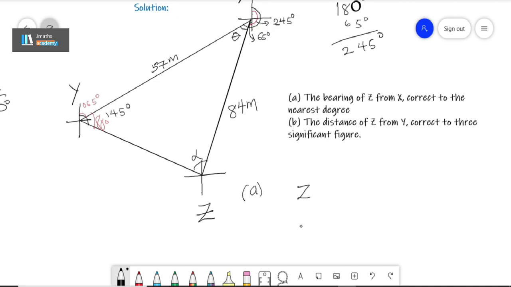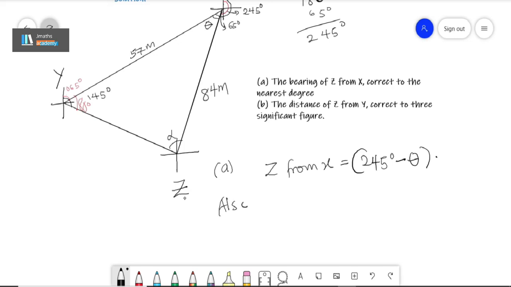So to find the bearing of Z from X, from our diagram, we are looking for the angle from this side to this side. And we know the whole angle to be 245 degrees. So in order to find the angle from this side to this side, we simply subtract theta from 245 degrees.